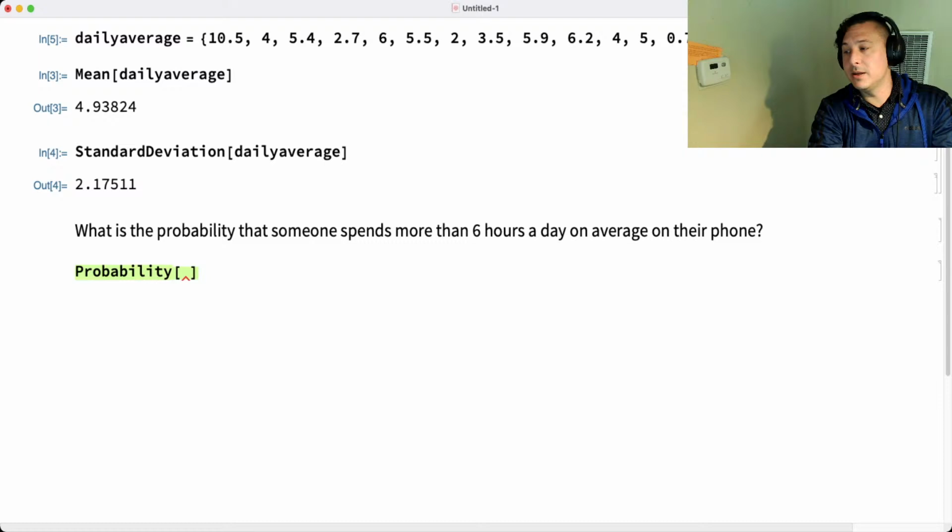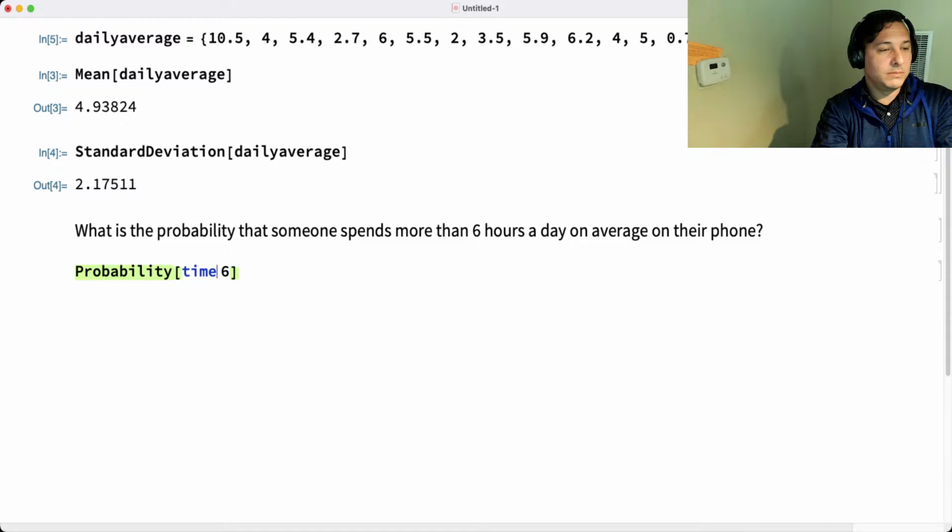It doesn't matter what you call it, you just need to choose a name. I like that time. So we want to know the probability that time is more than 6 hours per day. So what do I have to say? Time is what compared to 6? What needs to go between them? Yep, exactly. So I want to know the probability that time is greater than 6.